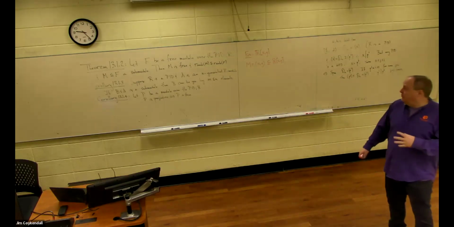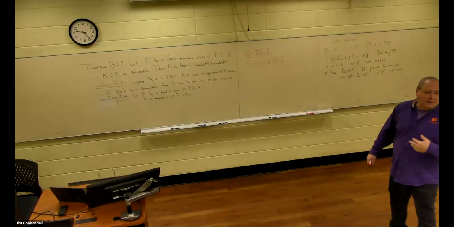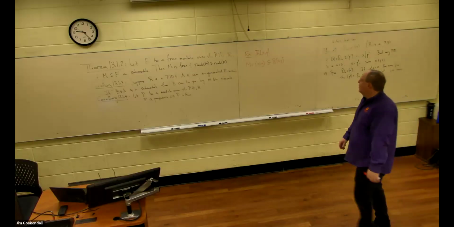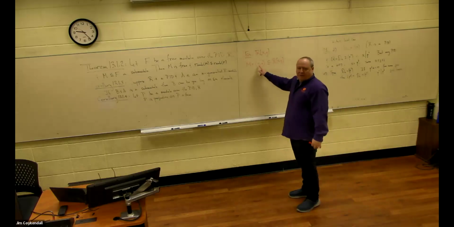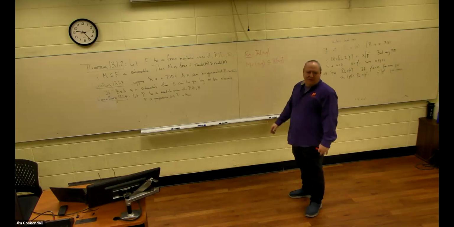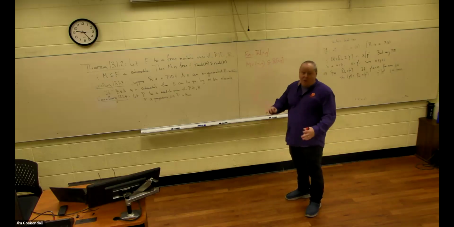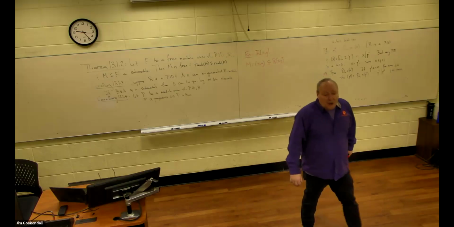Suppose, just for giggles, that this was generated by a single polynomial. That polynomial would have to divide both X and Y. Agreed? So it would have to be of degree 1 or less in X and of degree 1 or less in Y. But if it was degree 1 in X, there's no way it's going to divide Y. If it was degree 1 in Y, there's no way either. So any polynomial that divides both X and Y has to be constant.